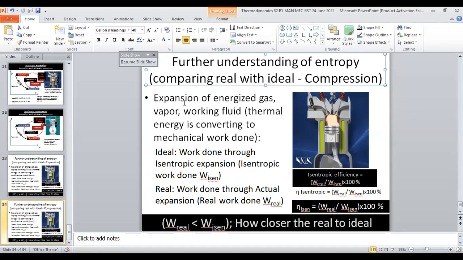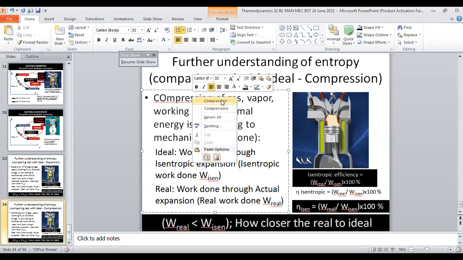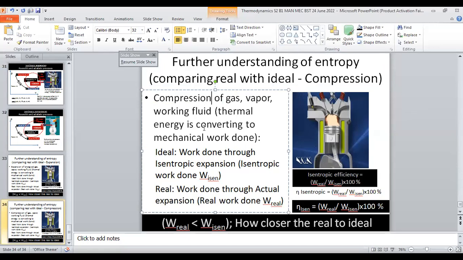In the case of compression, thermal energy is added by mechanical work done.